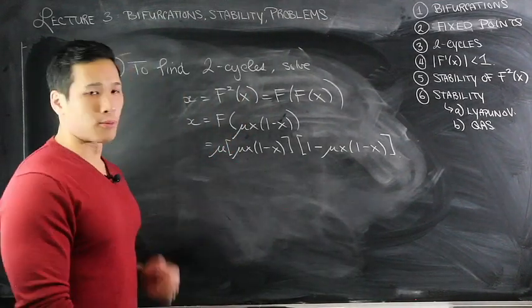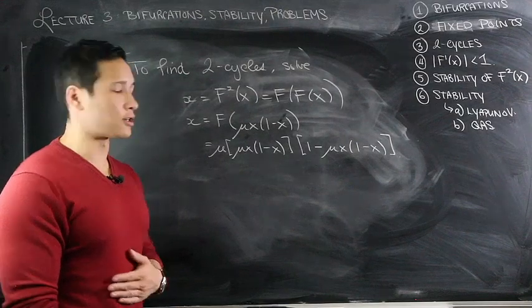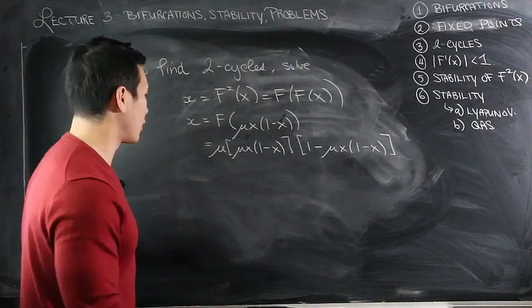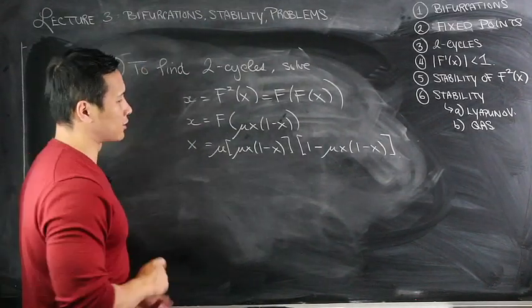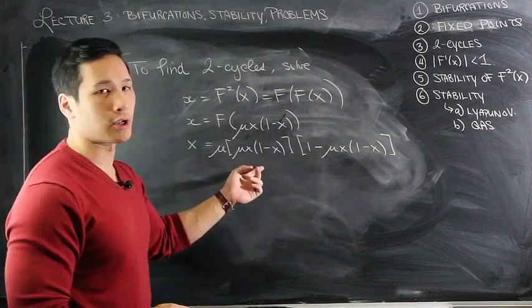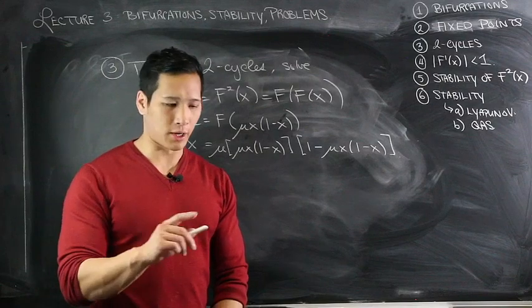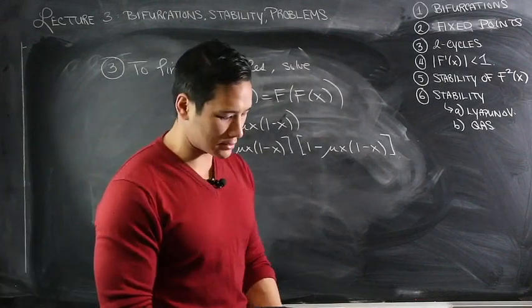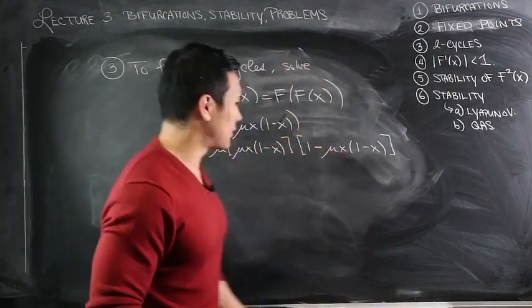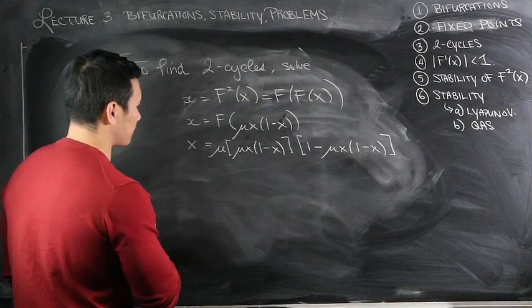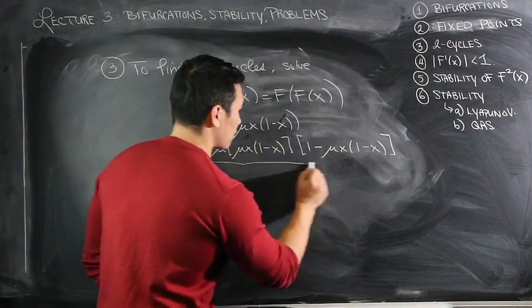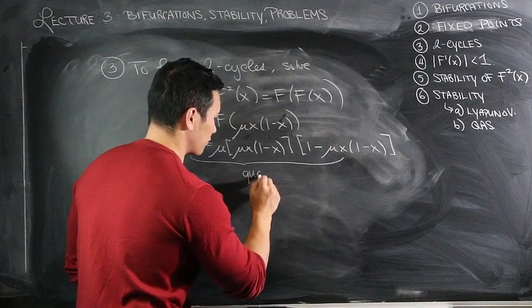In the problem set question, I've asked you to solve this equation. Now, this is a quartic equation, right? You're going to have to expand this whole thing, and you get x to the power of 4, and it's a pain to solve that. But I point out in the problem sets the trick to solving it. The trick is that this here is a quartic polynomial.